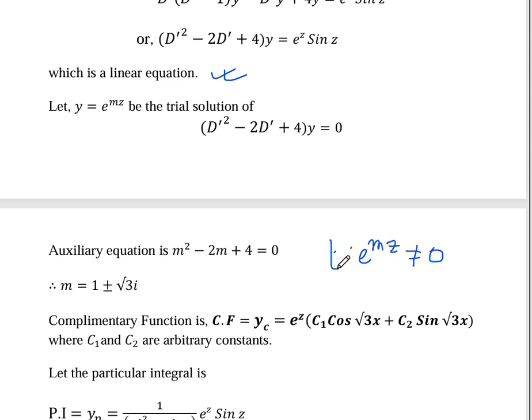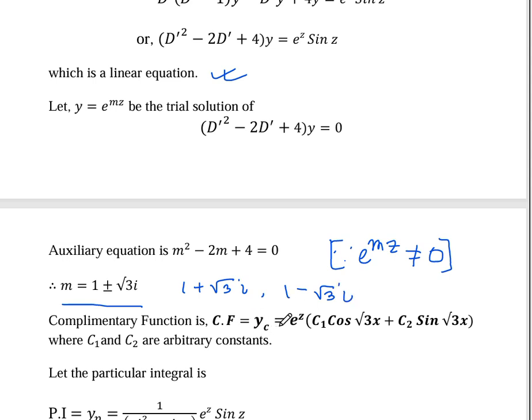This line is very important. So m has two values, both complex: m1 equals 1 plus root 3 i, and the other is 1 minus root 3 i.